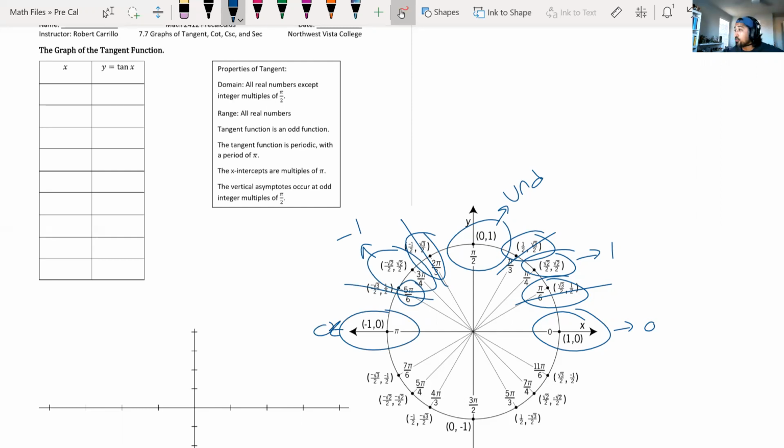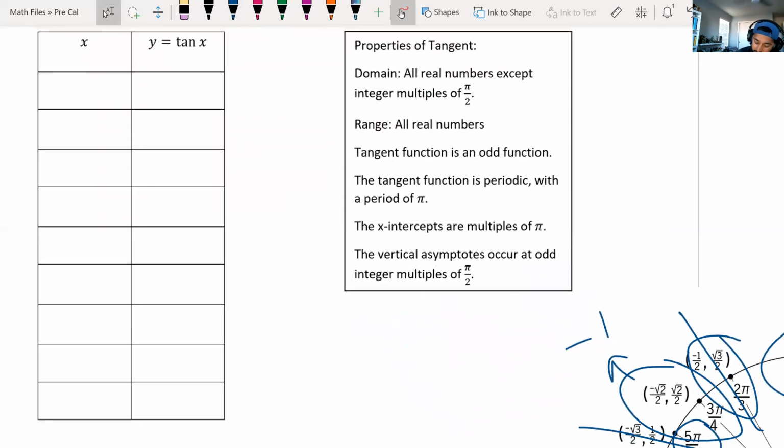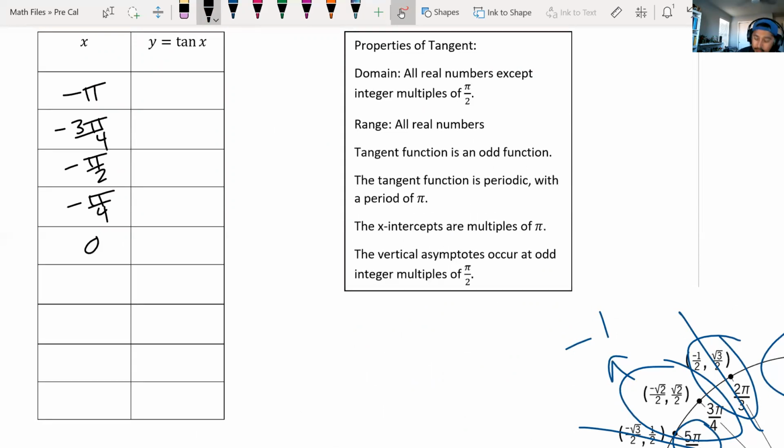So this means that the x values we're going to choose for tangent are going to be from 0 to pi. And we'll even do the negative revolution of negative pi to 0. So when I fill out my XY chart over here, we're going to start at negative pi. And then we're going to go negative 3 pi over 4, and then negative pi over 2, negative pi over 4, and 0.